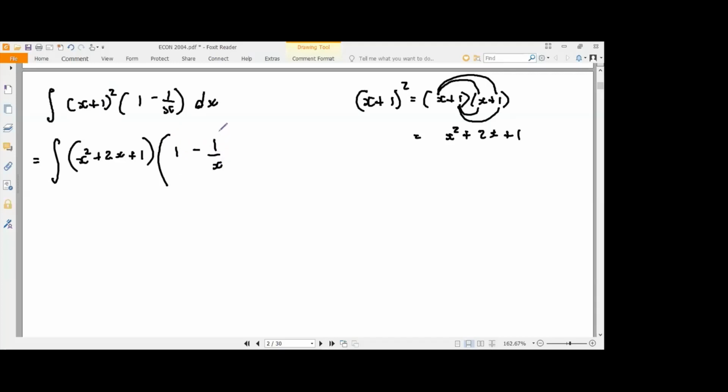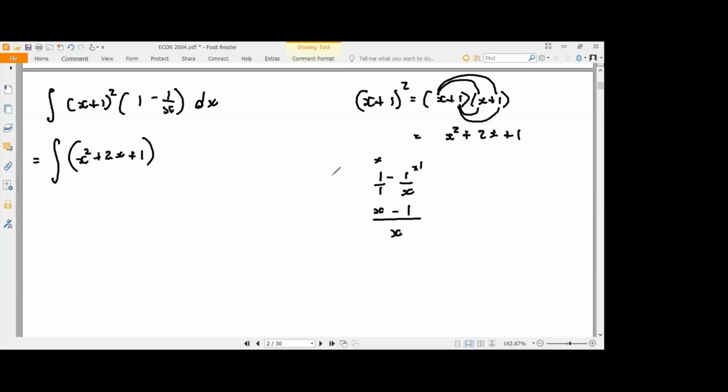Now, if I were to change 1 minus 1 over x to one fraction, this is 1 over 1 minus 1 over x. The LCM is x. When you're finding the LCM of algebraic fractions, more than likely, though not always, you just multiply the denominators, so 1 times x is x. 1 into x goes x times, so this gives me 1 times x, which is x. x into x goes 1 time, so 1 times 1 gives me 1.